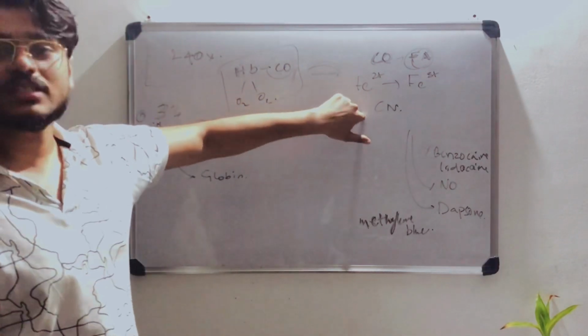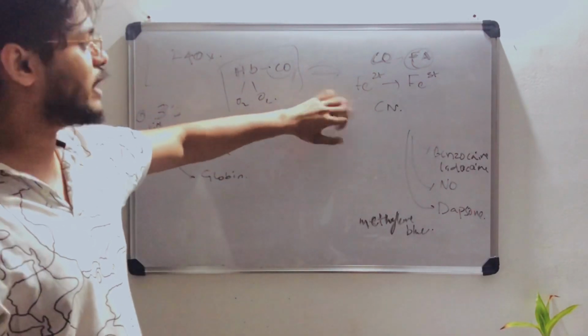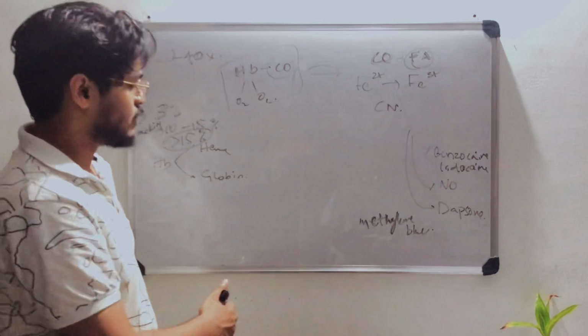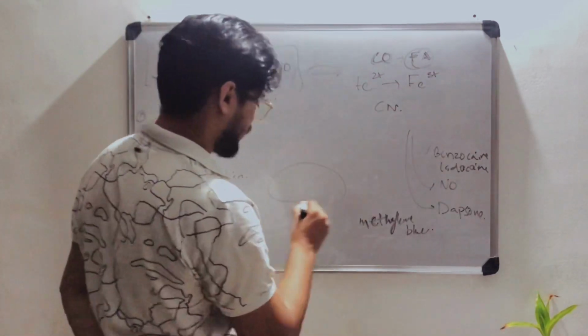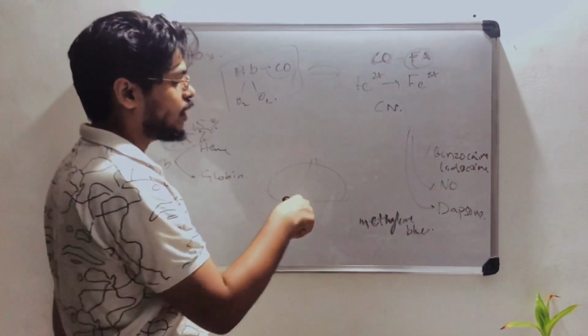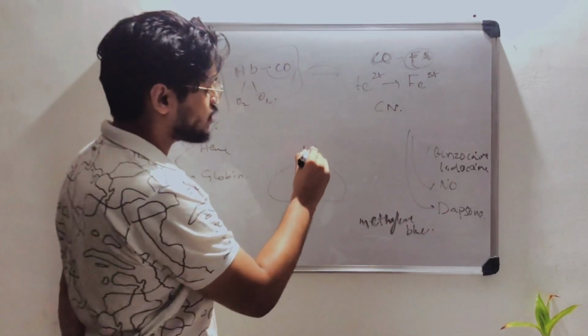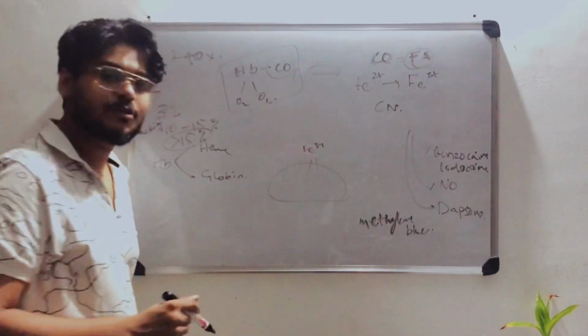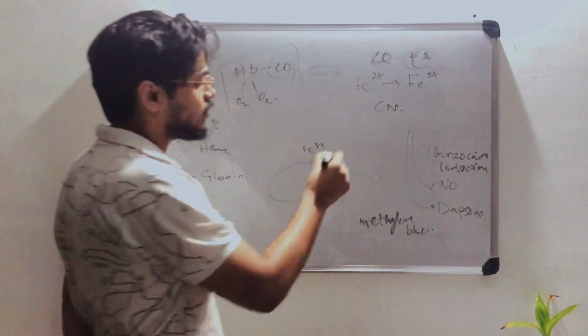Now we are going to deal with cyanide poisoning. What is cyanide poisoning? Actually, cyanide is dealing with mitochondria. It is binding with Fe3+ in the electron transport chain and blocking the electron transport chain.